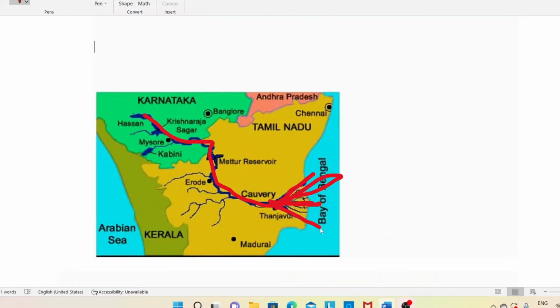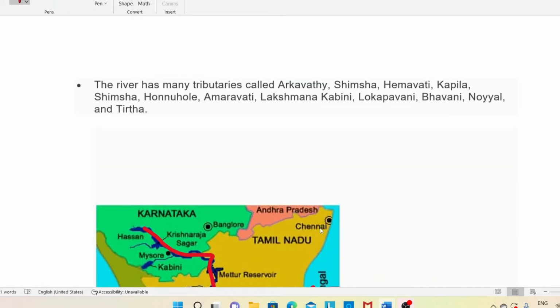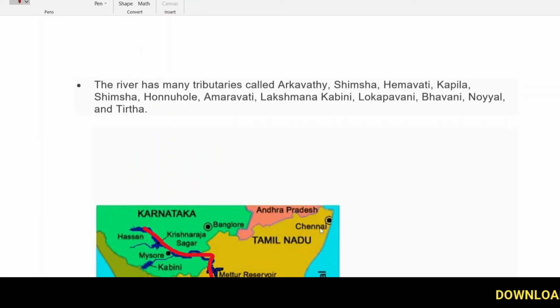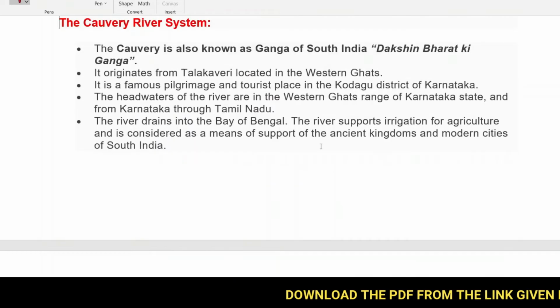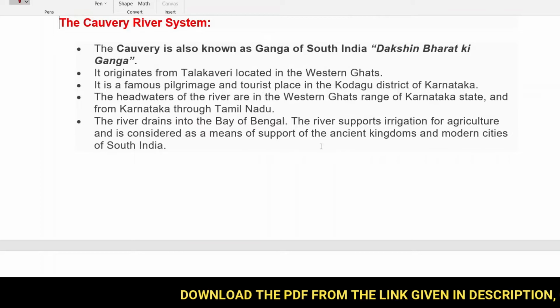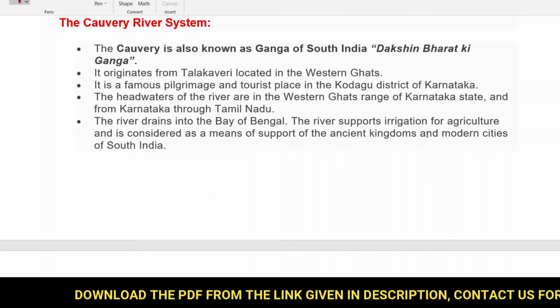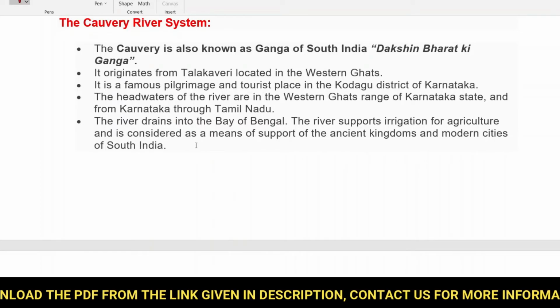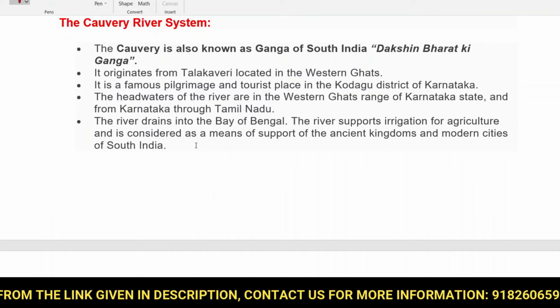Let's see some more points. The headwaters of the river are in the Western Ghats range of Karnataka state, and it flows from Karnataka through Tamil Nadu. The river drains into the Bay of Bengal. The river supports irrigation for agriculture and is considered the main support to ancient kingdoms and modern cities of South India.